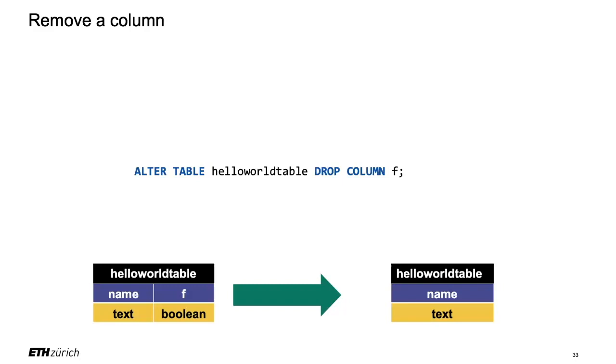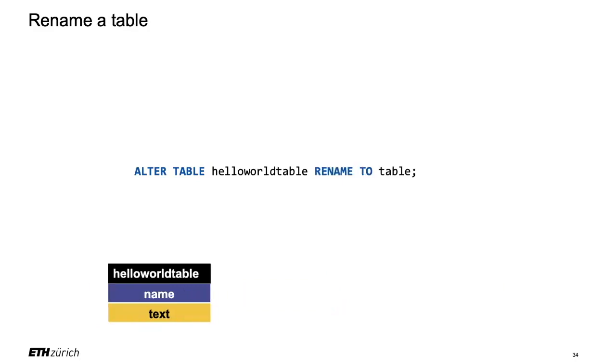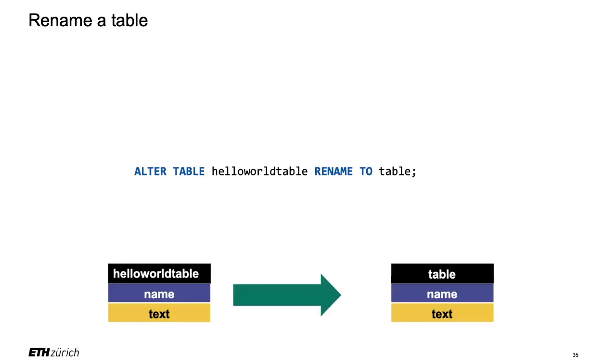And it might be that if you drop the columns, then suddenly these constraints are no longer fulfilled, right? So you have to also be careful about these things. But here I assume there's no constraint that prevents us from doing this. And I can also rename the table itself, right? Hello world table, I rename it to table, and that's it.